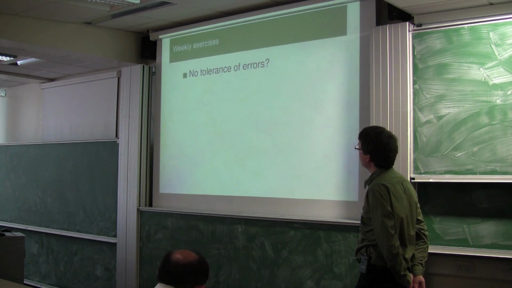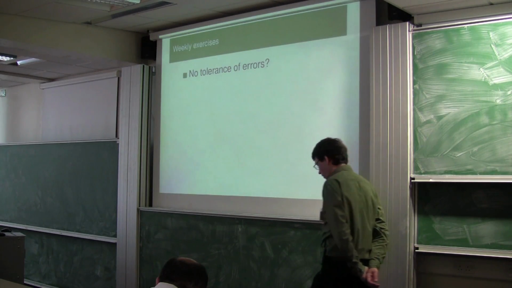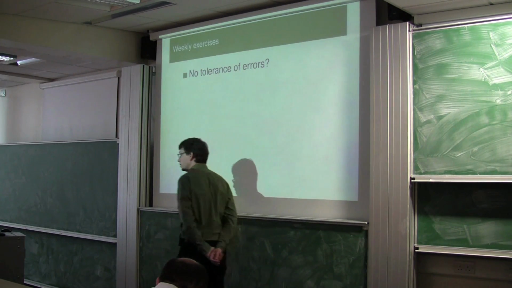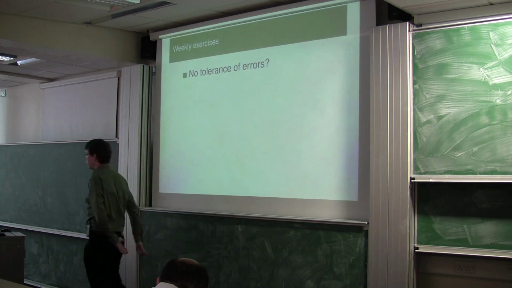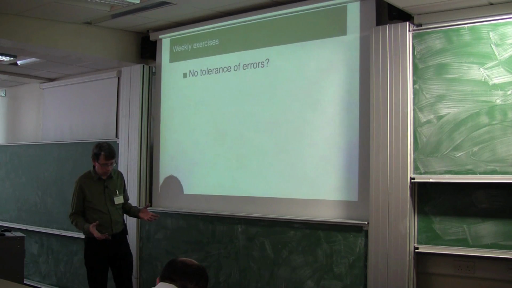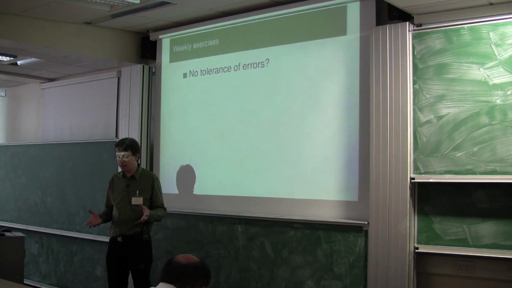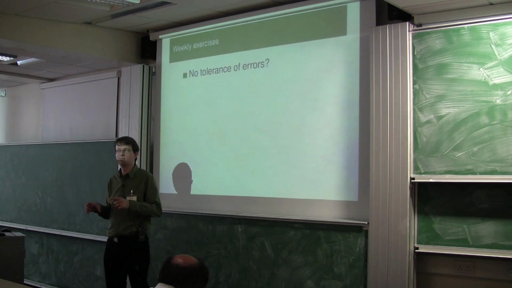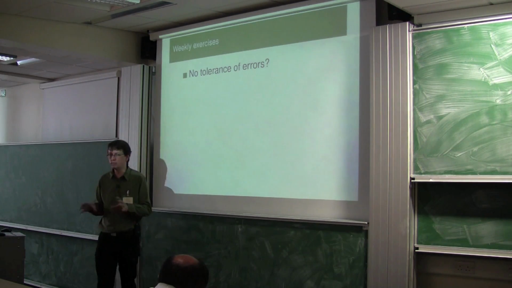So, do we tolerate errors? I took the point of view that I shouldn't, so I try and correct everything. There were exceptions to that. Generally, if I thought the student has obviously misunderstood a great deal, and the point I'm about to make was fairly subtle, I'd leave that out. I wouldn't put it in.